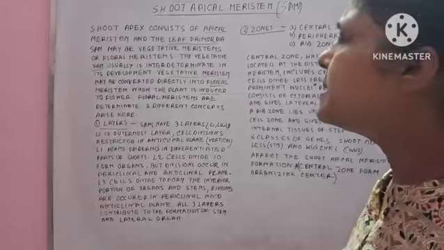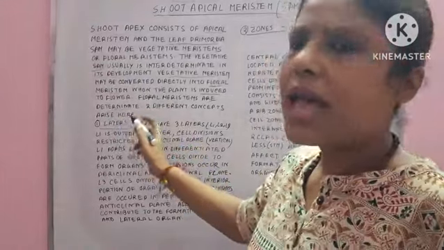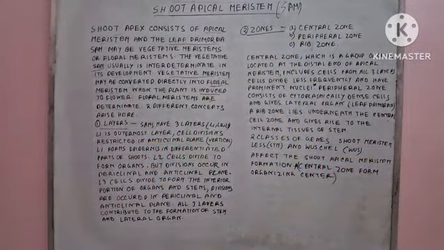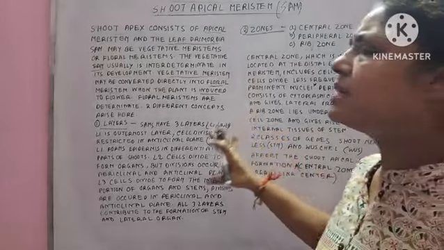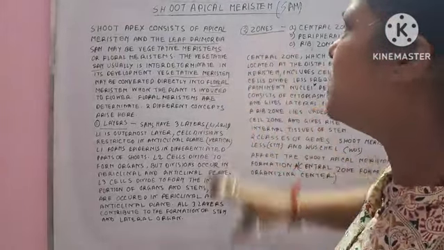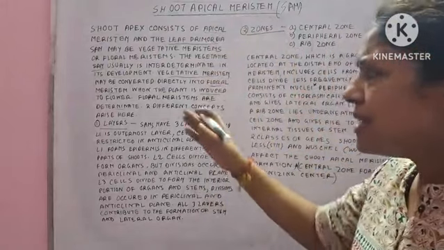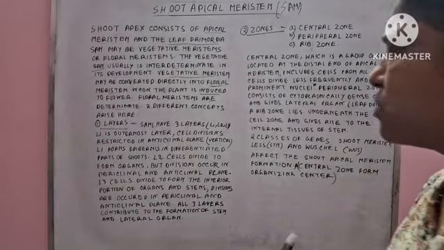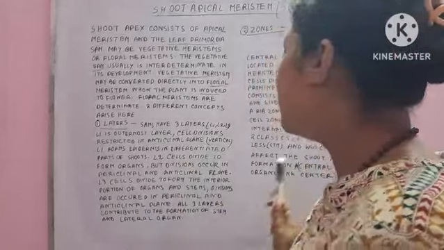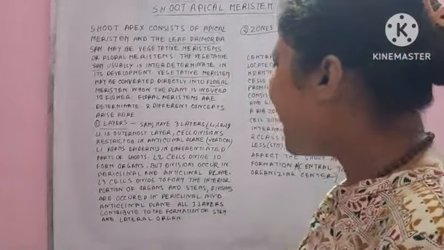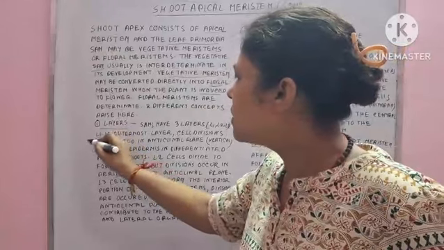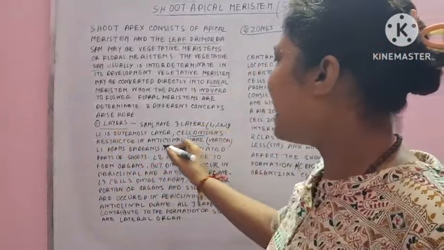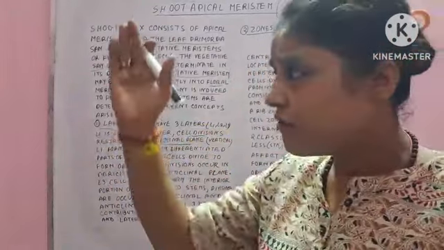The first is layers, and the second is zones. In the case of layers, three layers are there: L1, L2, and L3. L1 is the outermost layer, and here the cell divisions occur in the anticlinal plane, that means the vertical region.